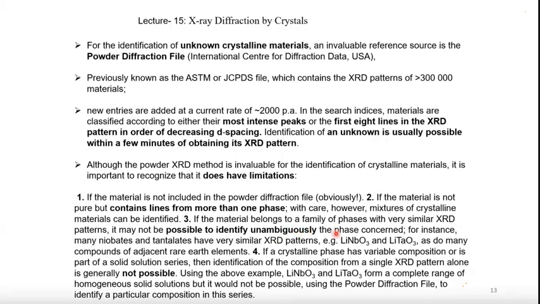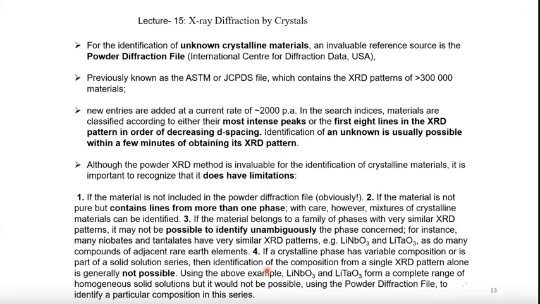That is also a limitation. For example, lithium niobate and lithium tantalate have almost similar patterns, so it is very difficult to identify compounds related or similar to them.